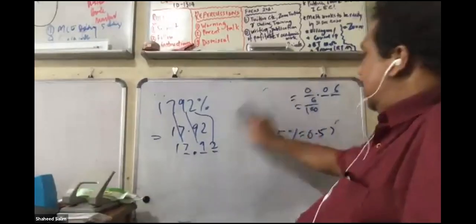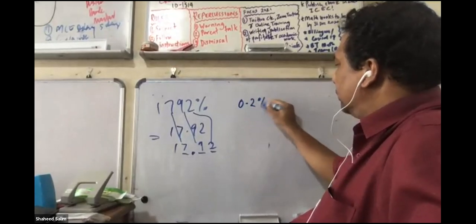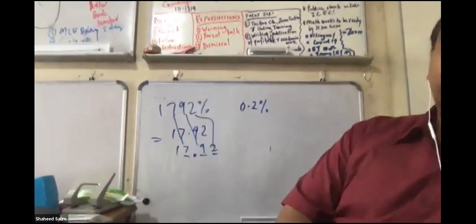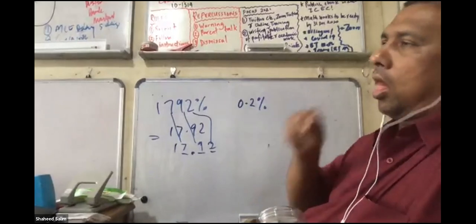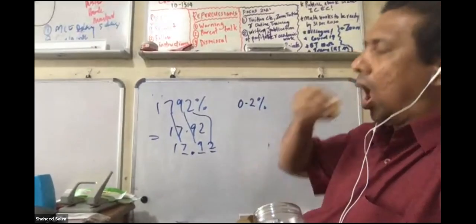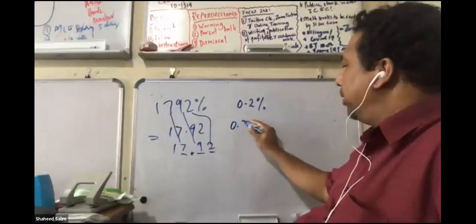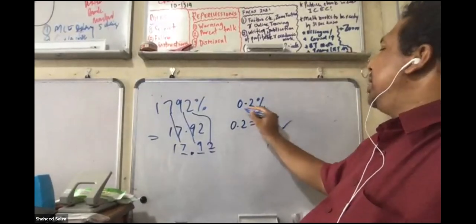Okay, now let's say they ask you this one. How? 0.2%. 20%. 0.2 is 20%. Correct. But this is 0.2%.